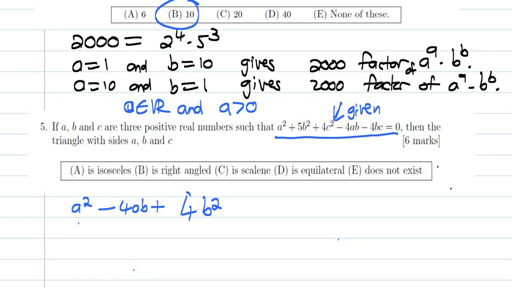Can I get smiley faces in the chat that this is a good choice because this now becomes a minus 2b squared. Alright, thank you, Luke. Can I get smiley faces that you guys see that maybe it's useful? Thank you. Can I get 3 more smiley faces? Thank you, Richard. 2 more smiley faces.